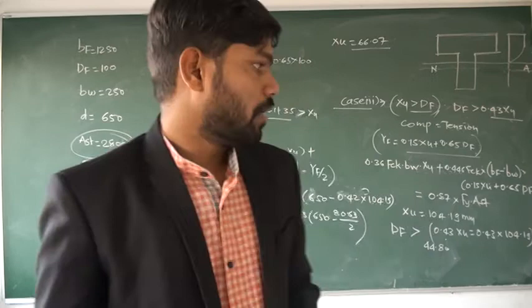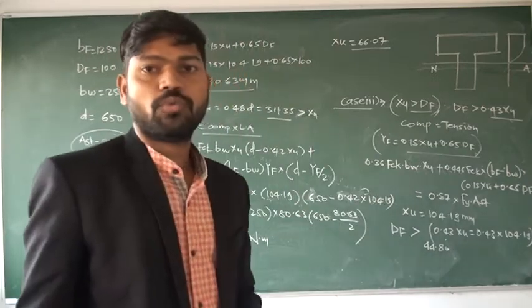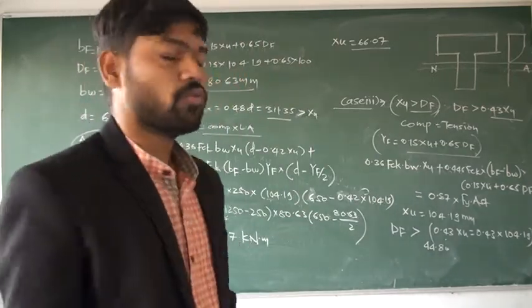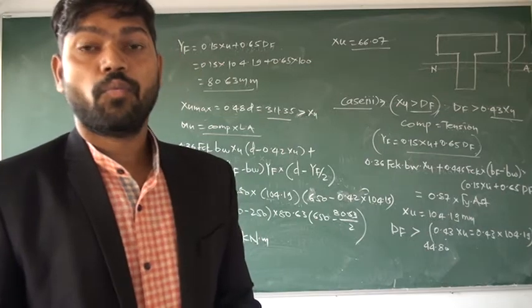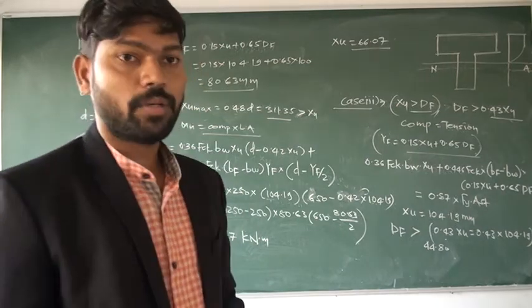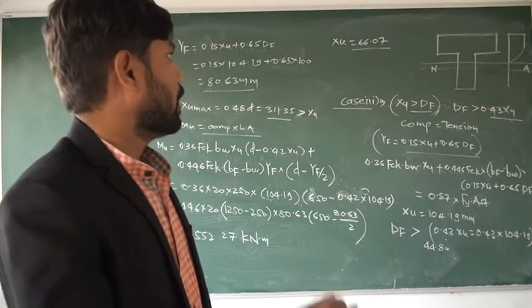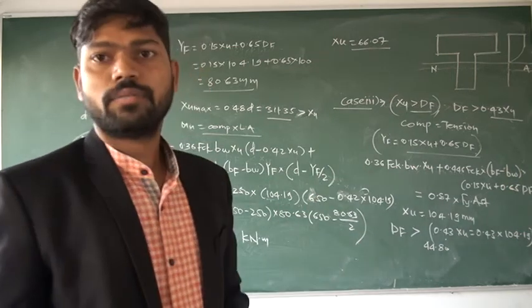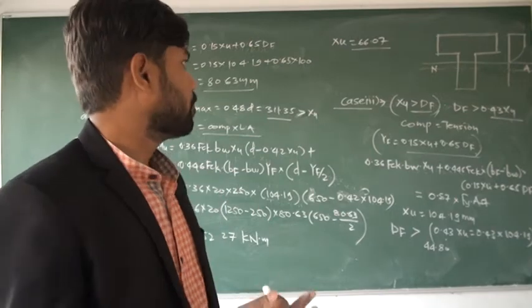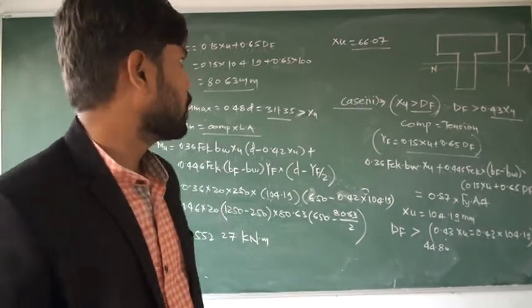We calculated xu and received the value xu equal to 104.19. And if you check the actual xu value against our assumption that it is in case number 3, it is correct.